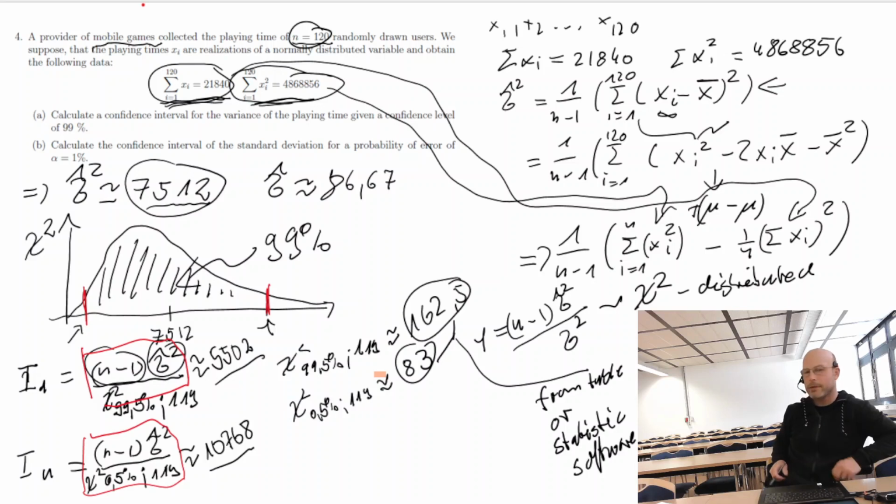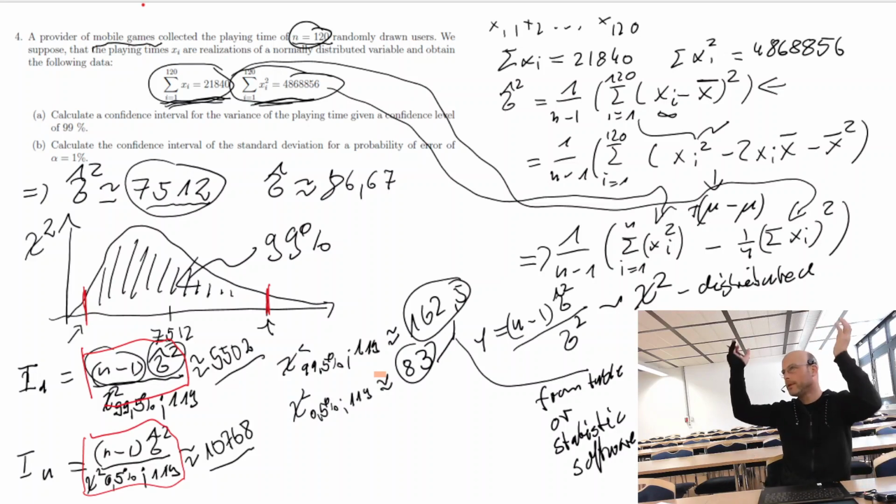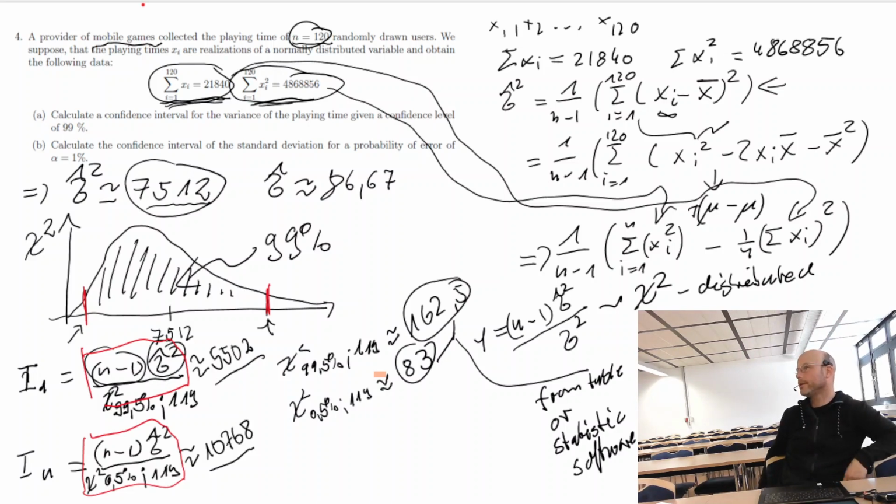Because quite often you have some data, you put it in your statistic software, press enter, some numbers come out, and then you say, well, here I have a really great result, but you are not able to explain what your numbers which came out of your data really mean.